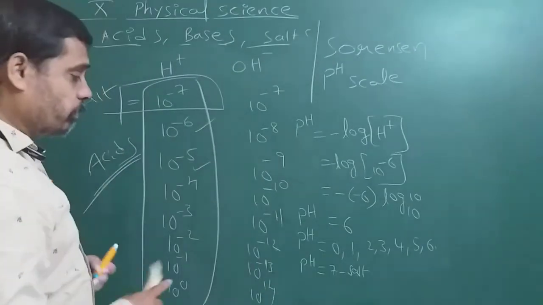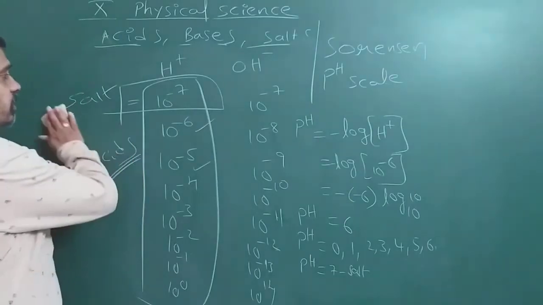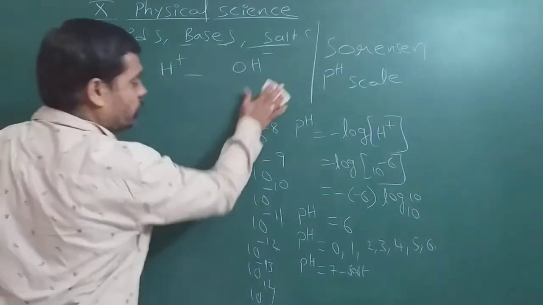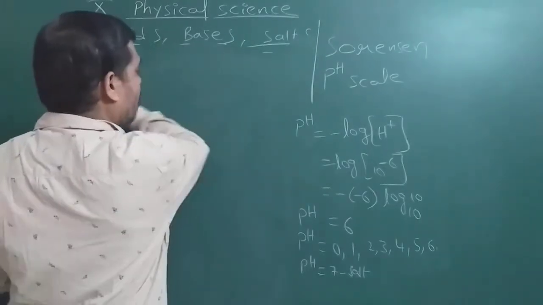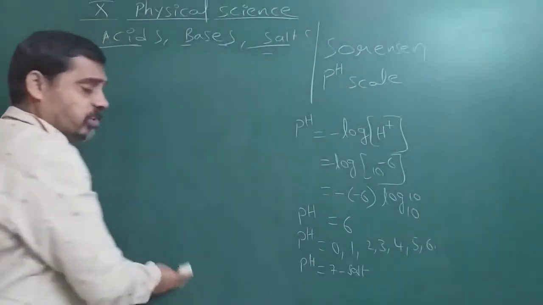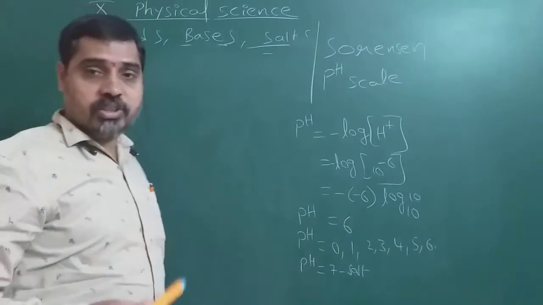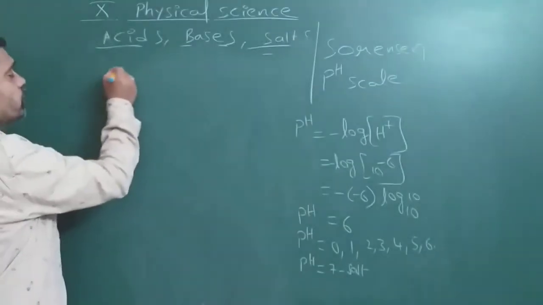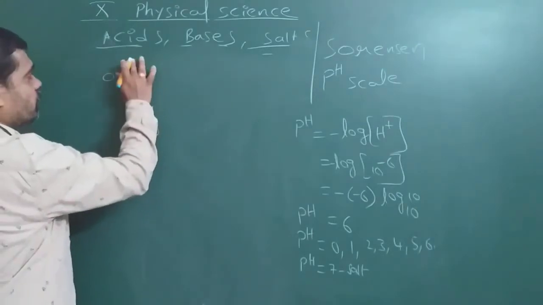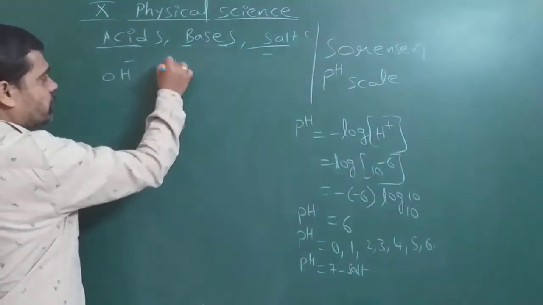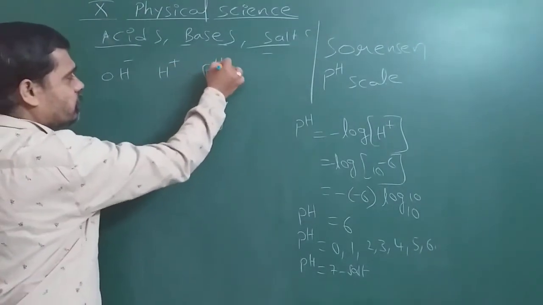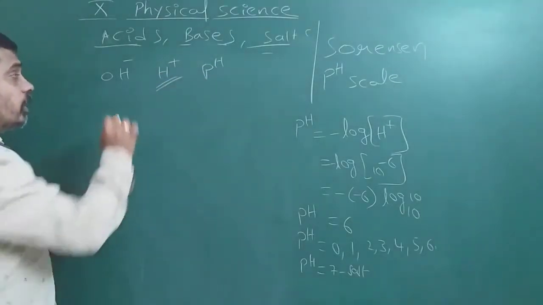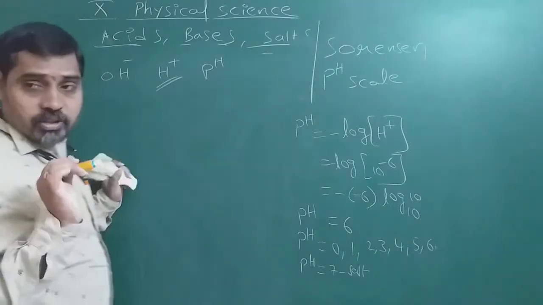Now let us see what the H plus ion concentration is for bases. Here we have to consider both H plus and OH minus, because for bases, if the OH minus ion concentration increases, then we call it a base. With the help of H plus ion only we will get pH values; with the help of OH minus ion we won't get pH values.